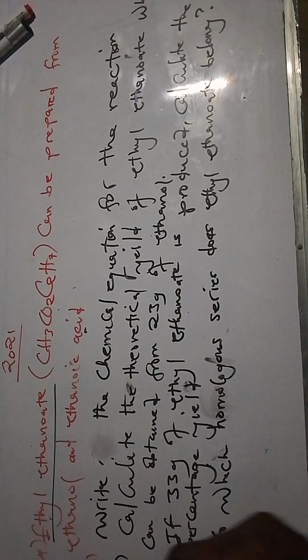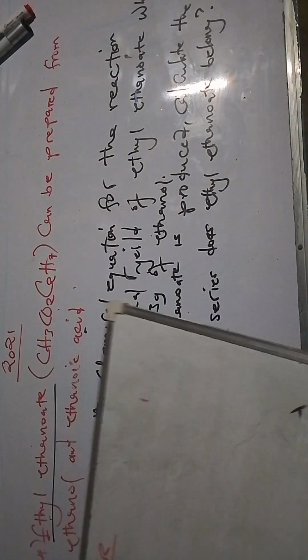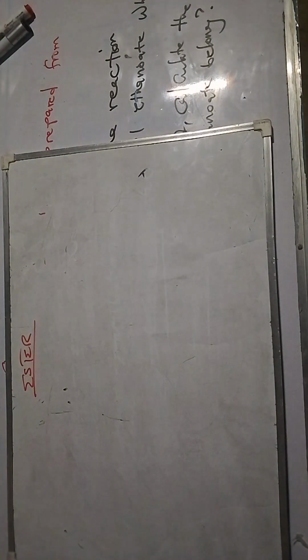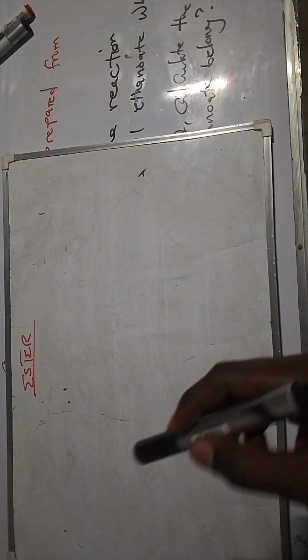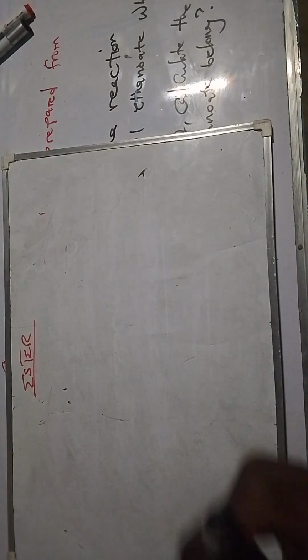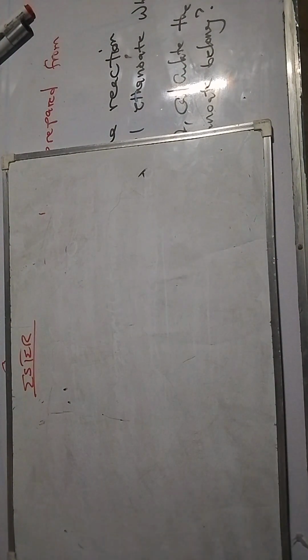So before we go to more concept, let's use the same information. Looking at the ethyl ethanoate, the first thing for you to write the equation, you need to understand the two reactants. Ethyl ethanoate, ethyl is coming from the alcohol called ethanol.